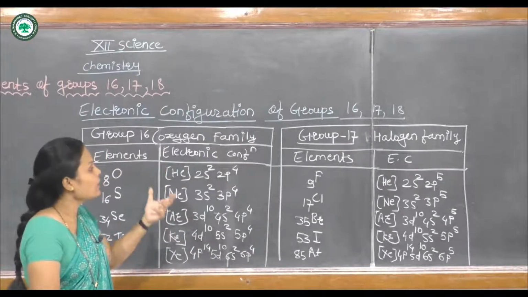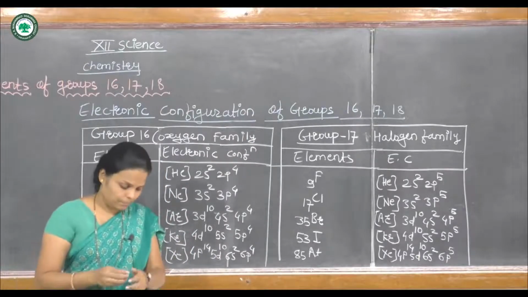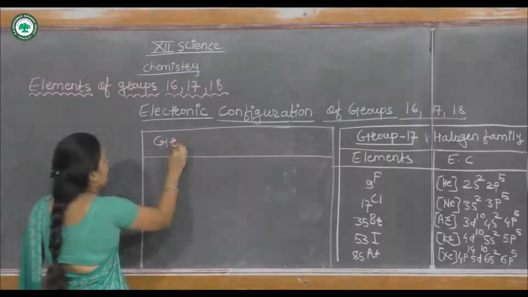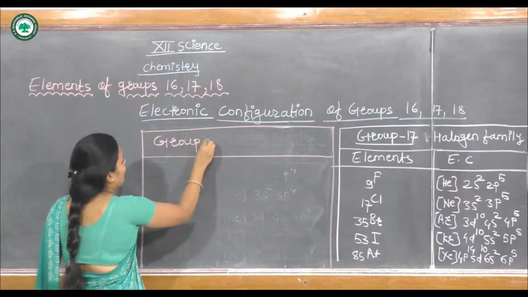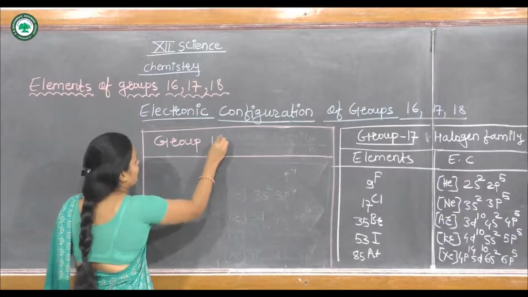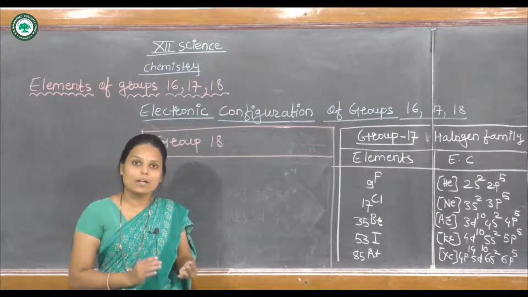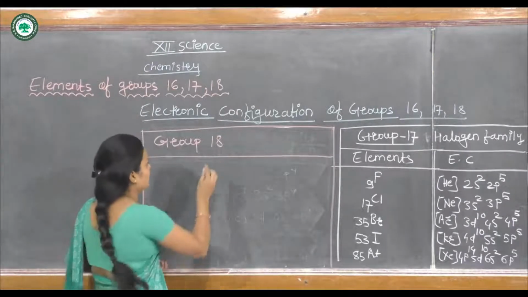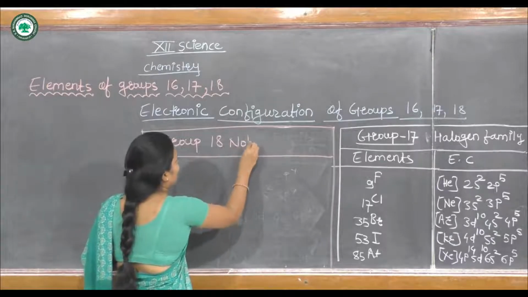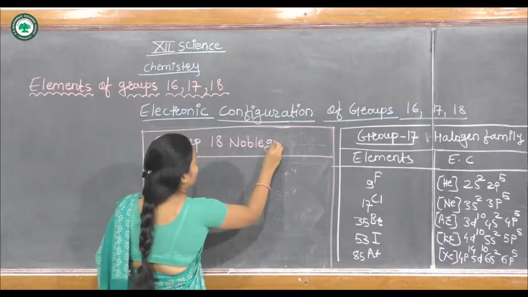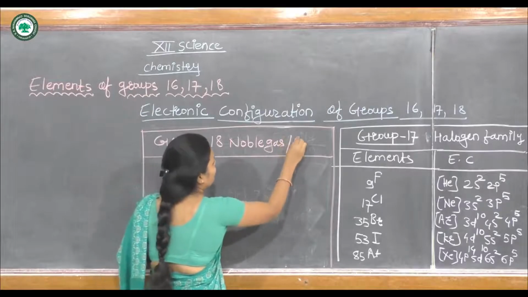Then the last group is group 18, which is also called the inert gas or noble gas group.